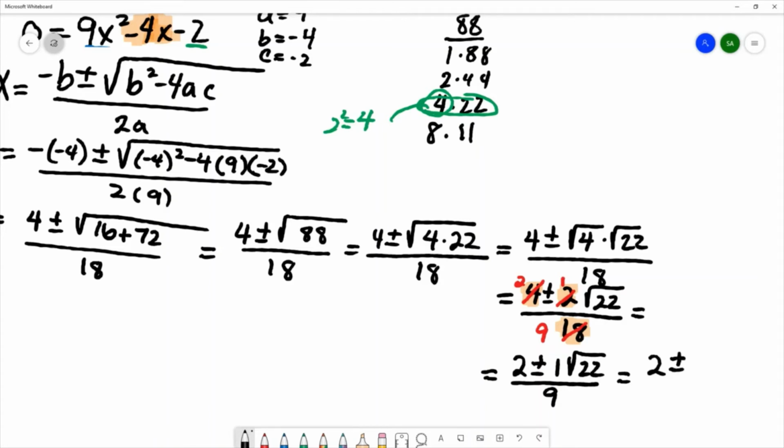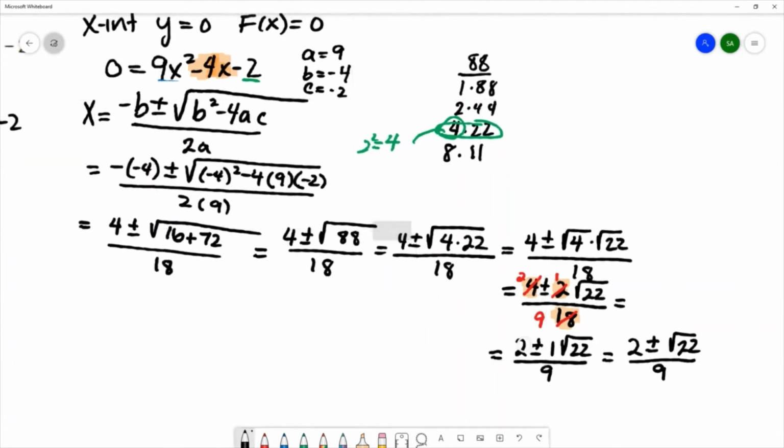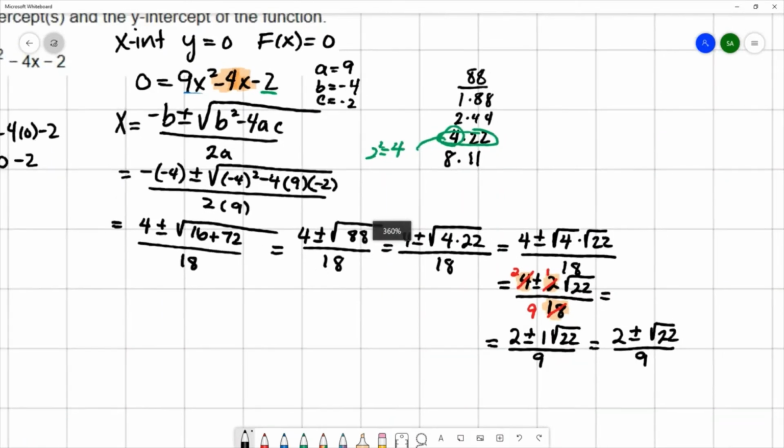And 1 times anything is itself, so we can get rid of that 1 there. So we've found the x-intercepts to be 2 plus square root of 22 over 9 and 2 minus square root of 22 over 9. I'm going to kind of zoom out so you can see all of the work at once.